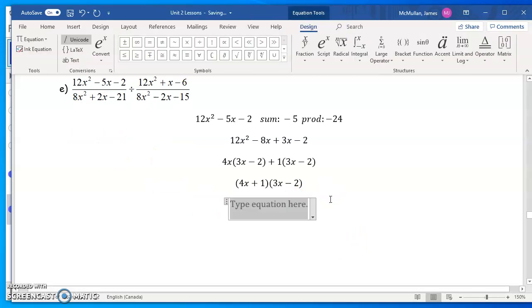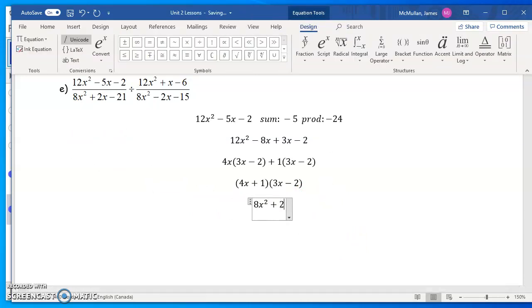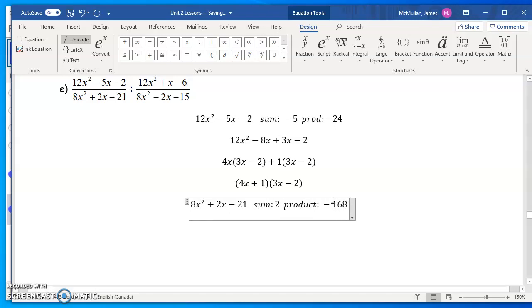Okay, now the bottom left thing, 8x squared plus 2x minus 21. The sum I'm looking for here is 2. The product is negative 168. So again, I'm looking for numbers that are very close together because their sum is 2. The positive number is slightly bigger, the negative number is smaller.